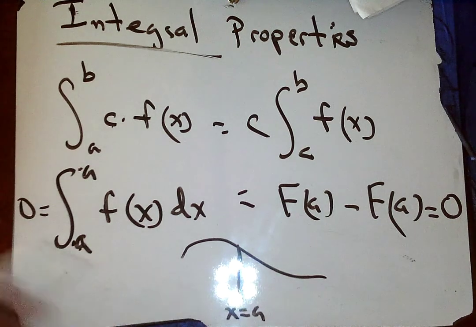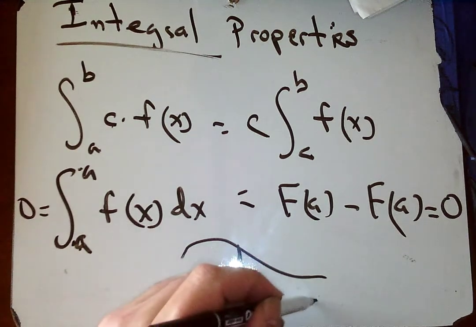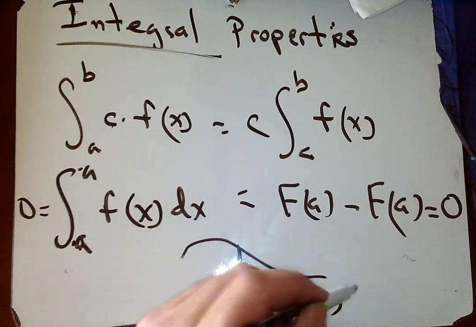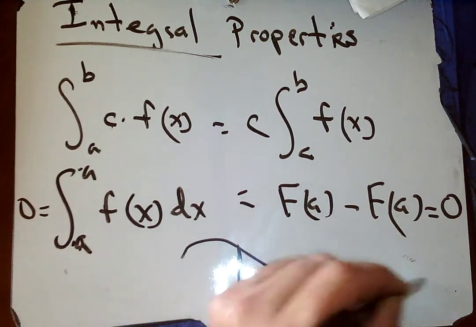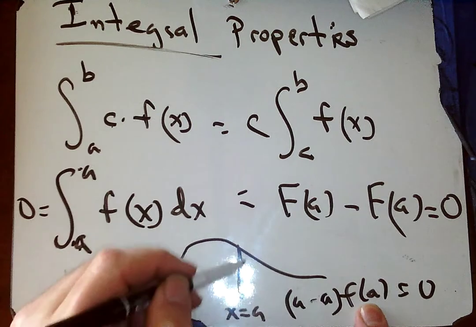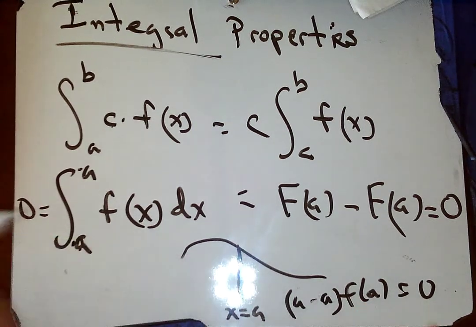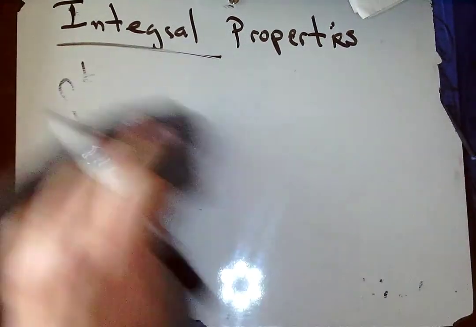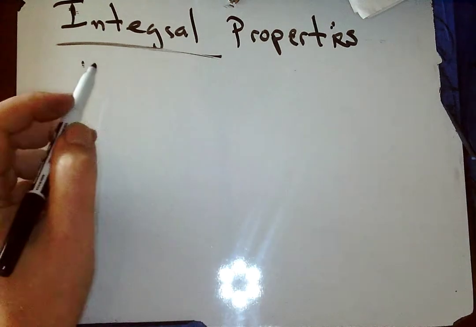So we're finding a rectangle here, and the rectangle's width is a minus a times the height of the function at that point. Well, a minus a is 0, so it doesn't matter what the value of that y value is. I've got 0 times a number, I still get 0. So the integral from a to a is 0, and you will use that a surprising amount, especially in challenging problems.